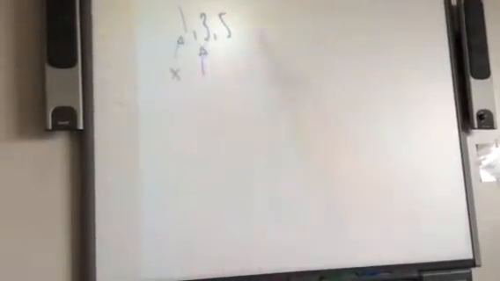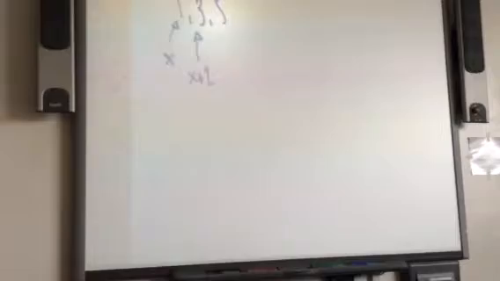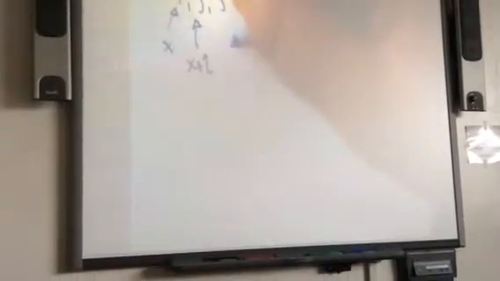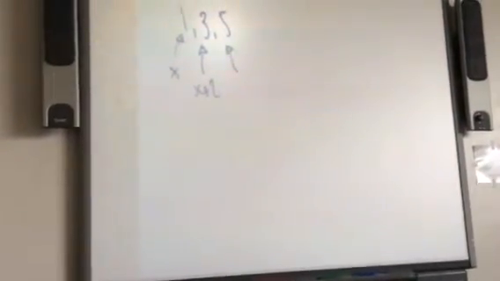So what we can do is assign variables to those numbers. If the first number is x, how much bigger is the second number than the first? 2. So the second number would be x plus 2. How about this one? How much bigger is 5 than 1?